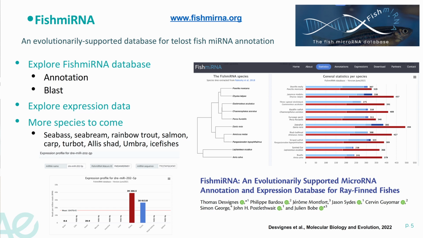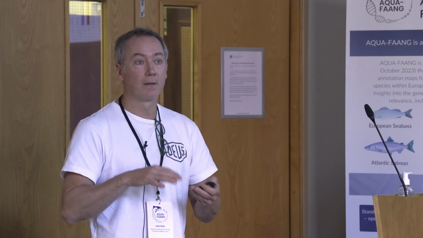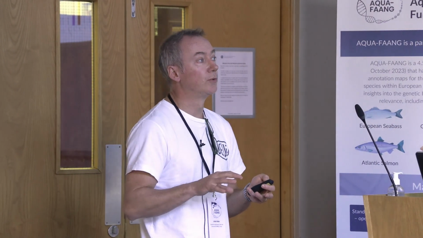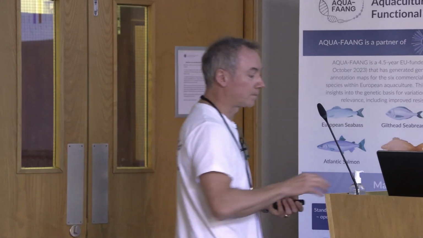Right now we have up to 12 species in FishmiRNA, and more are coming. You can do BLAST, and you can find the links to the genomes and to ZFIN. That's what we use to make the data available to everyone.